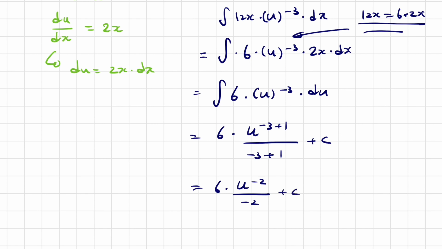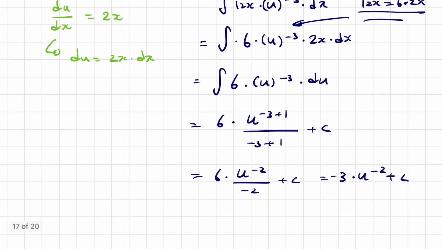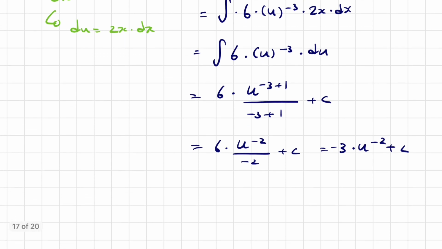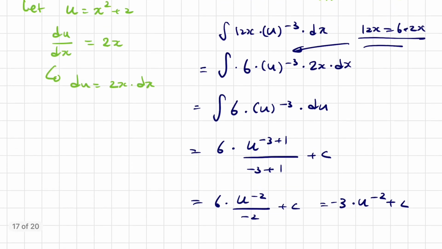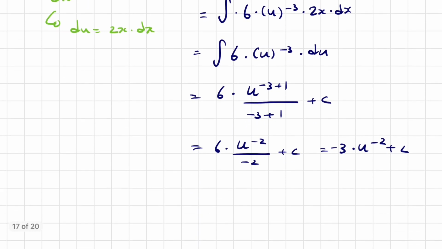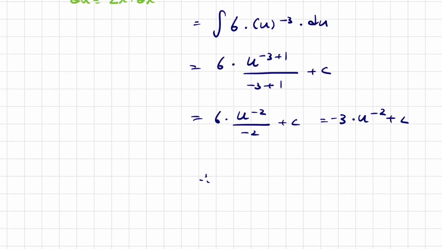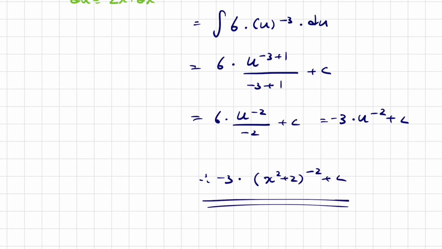Then it can be simplified as negative 3 times u to the power of negative 2 plus c. Then rewriting u as x squared plus 2 will give us negative 3 times (x squared plus 2) to the power of negative 2 plus c. And this is the answer.